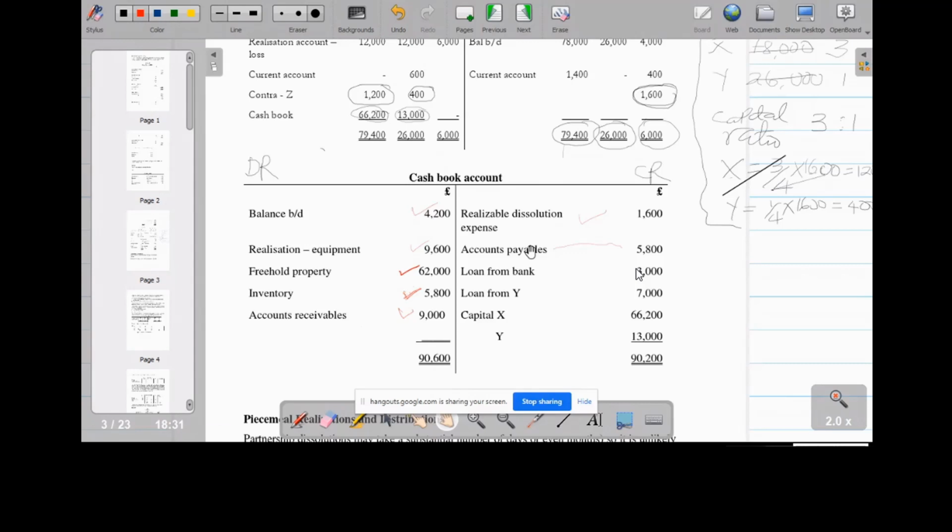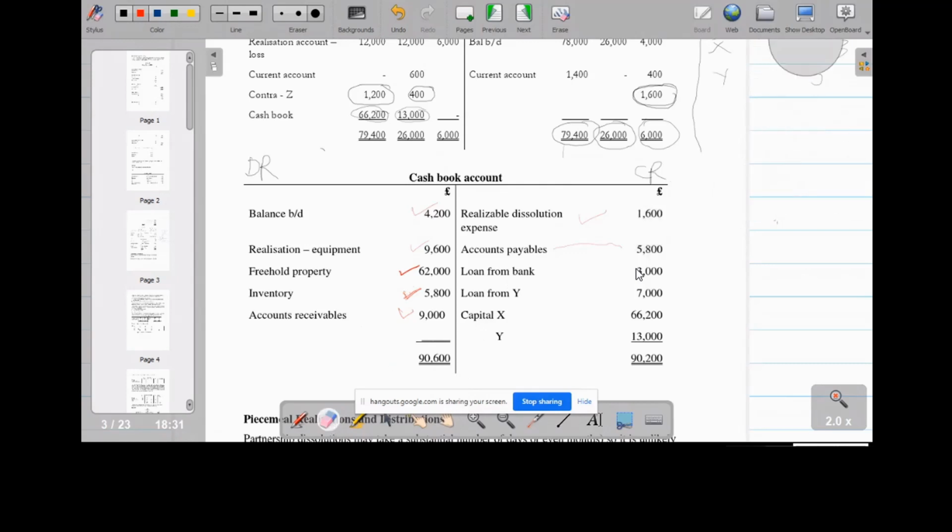Let me add again, because mine is also coming with a difference of 6,000.